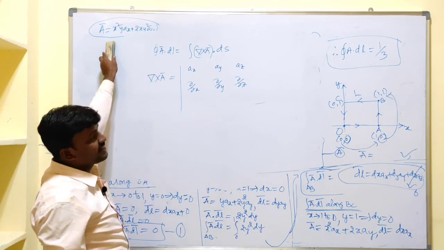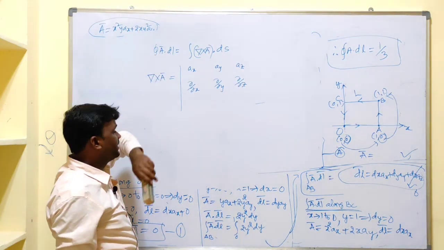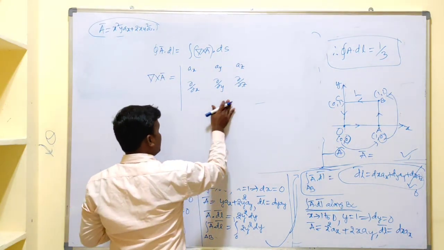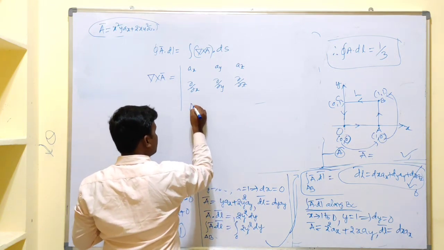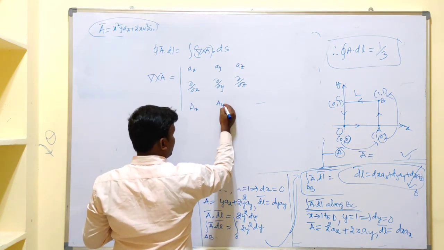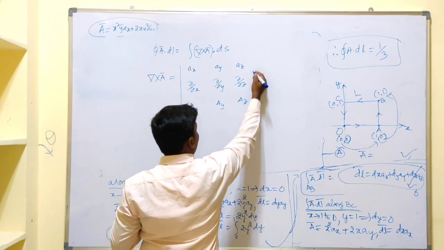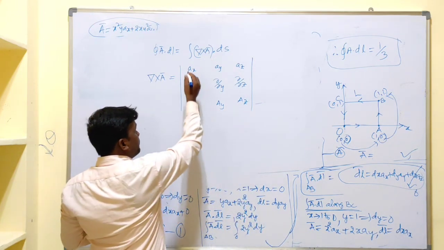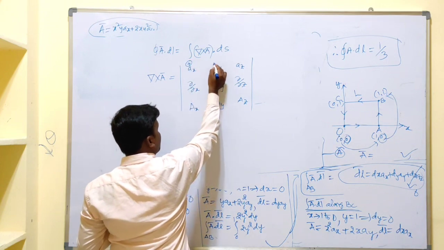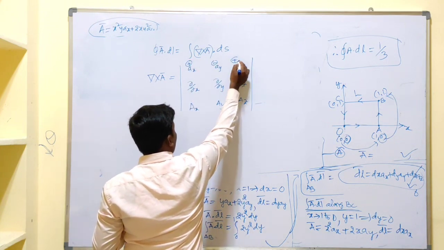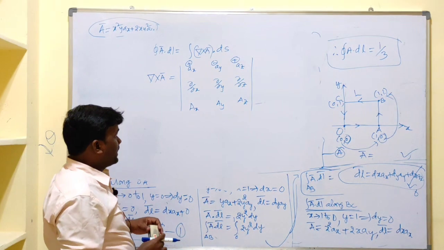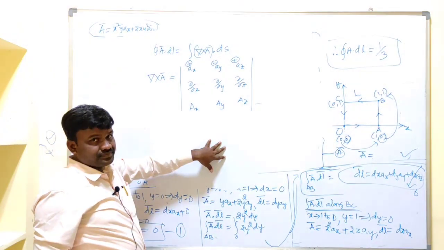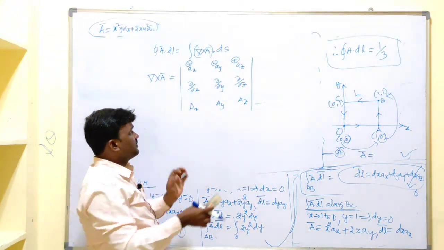It is in the Cartesian coordinate system only. The vector is given in the Cartesian coordinate system only. Now, what about A bar? Let us take the Ax component, Ay component, Az component. If you go by the notation, you have to write plus, minus, plus, but we can expand this without focusing on these signs.